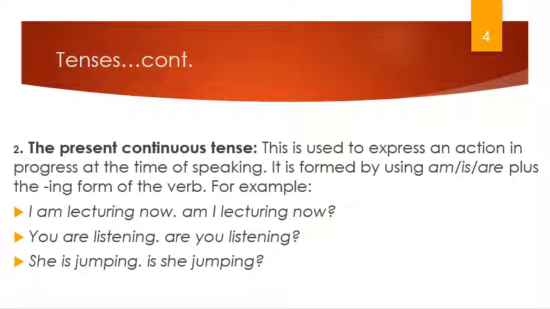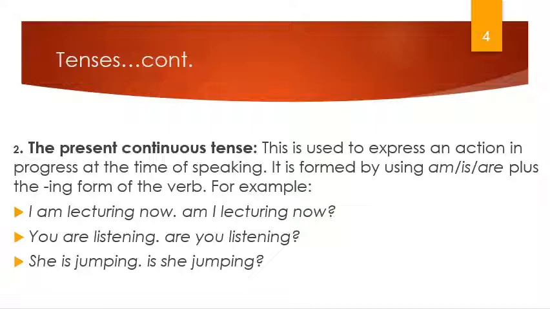For example, the verb lecture. In this sentence, it is formed as I am lecturing, that is, ing is added at the end of the verb lecture, and am is used to show that what the speaker is saying is in progress.